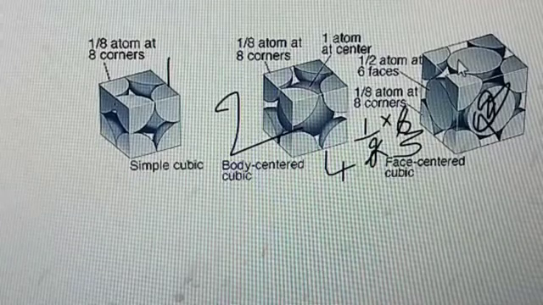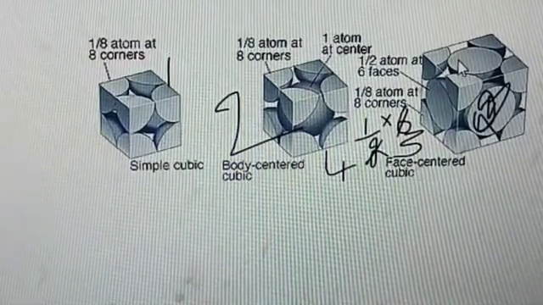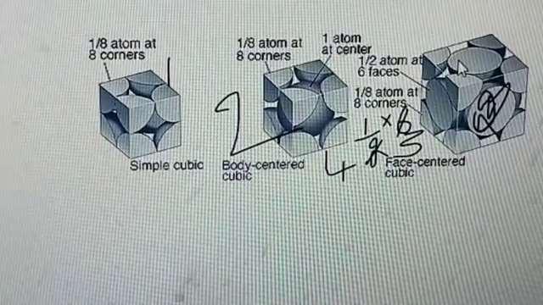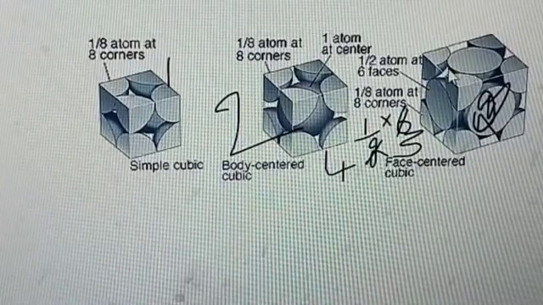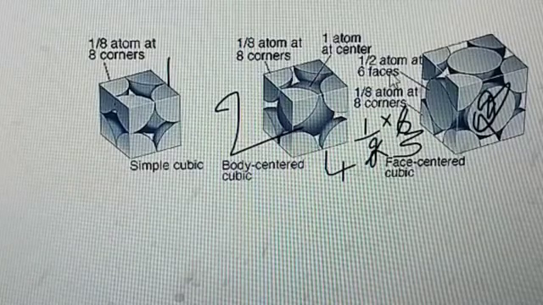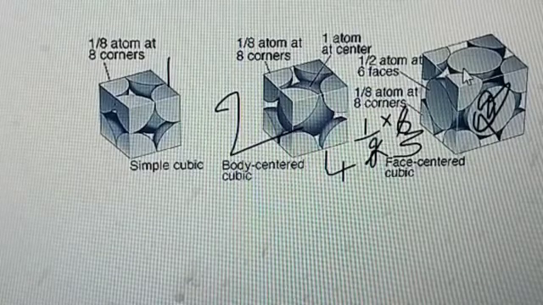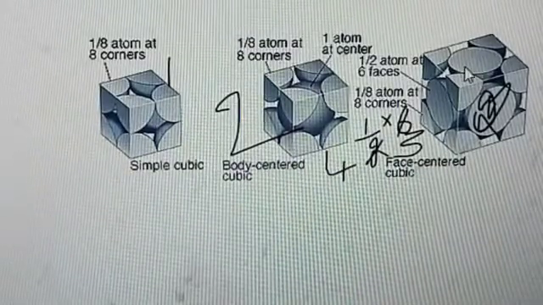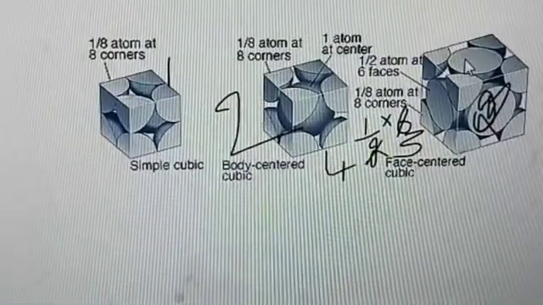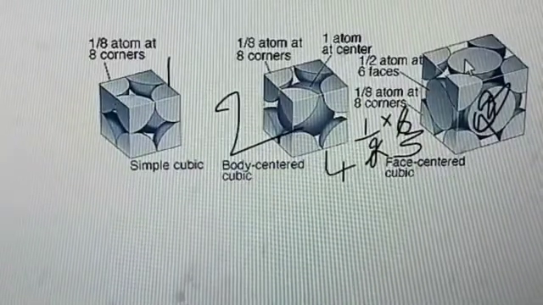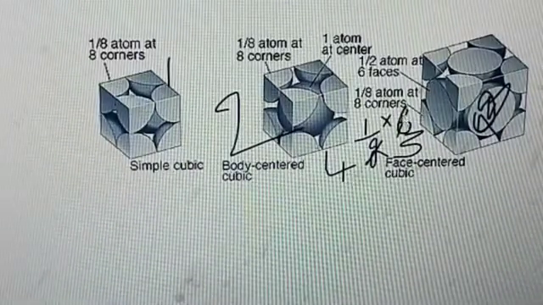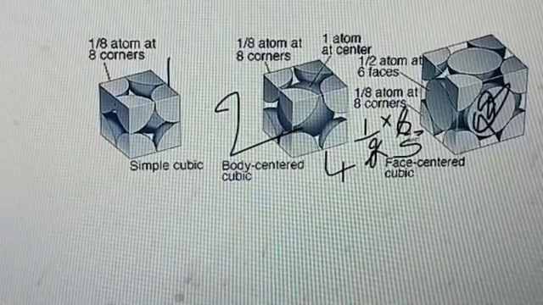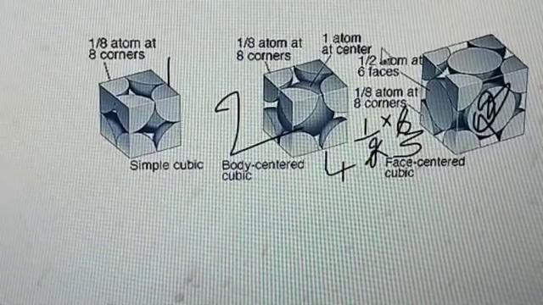Yes or not? 2 adjacent unit cells are sharing one atom, means only half of the atom will belong to that particular unit cell. So half of the atom belongs to each face. Total how many faces are there? 6 faces. So half into 6, that is equal to 3.